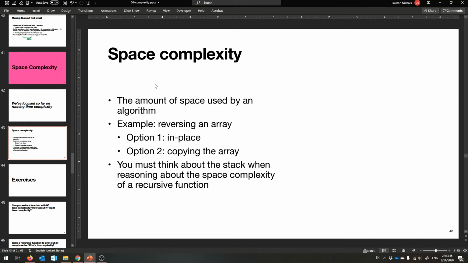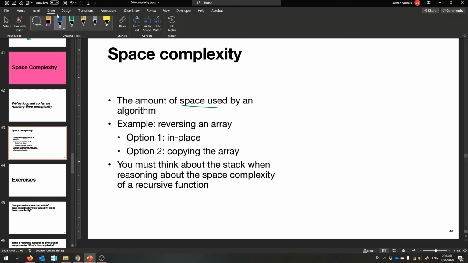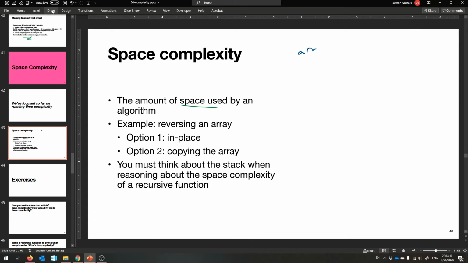So space complexity, now that we know how to say big O of anything, is the amount of space used to store stuff inside of an algorithm. For example, if I wanted to reverse an array ARR, which needs to exist ahead of time, I had 1, 2, 3, and I want to turn this into 3, 2, 1.